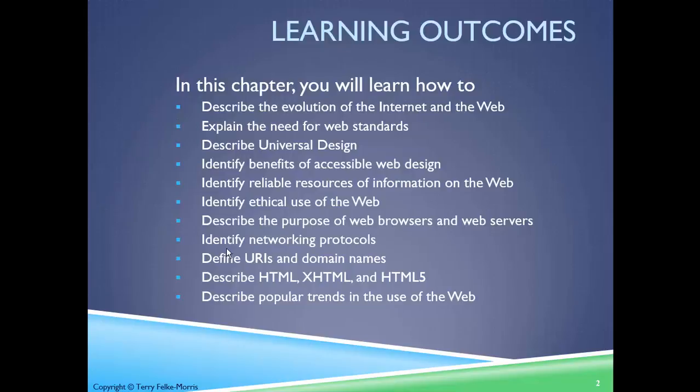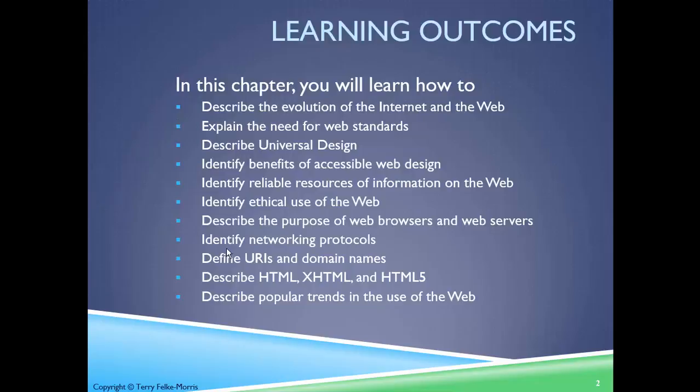So when you look on here, what do we want to be able to do? Well, first, describe the evolution of the internet and the World Wide Web. Explain the need for web standards. Describe universal design. Identify benefits of accessible web design. Identify reliable resources of information on the web.